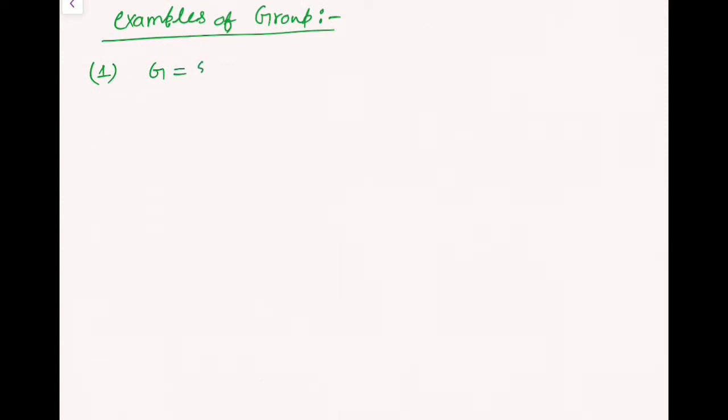Now we shall take some examples. First example is a very trivial one. If the set G is the identity E itself, then this group is called the trivial group.